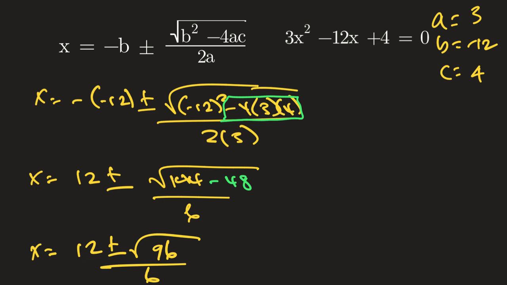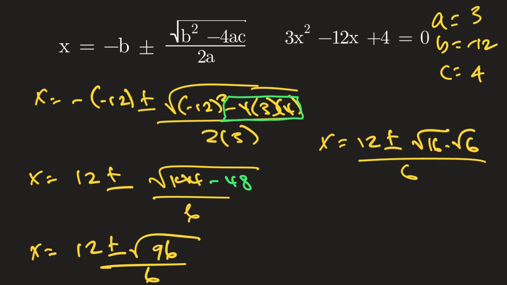So what we've got to do here with this 96 is we're going to go 12 plus or minus. That's going to be root 16 times root 6. Let's rewrite that radical 96 as root 16 times root 6, using a perfect square factor.